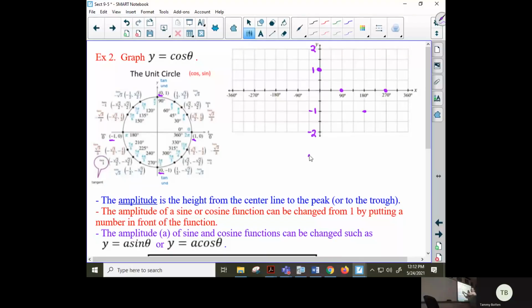And at 360 again, cosine is going to be 1. So this is a complete period for cosine, okay? And then if you kept that pattern going, it's going to look like that.